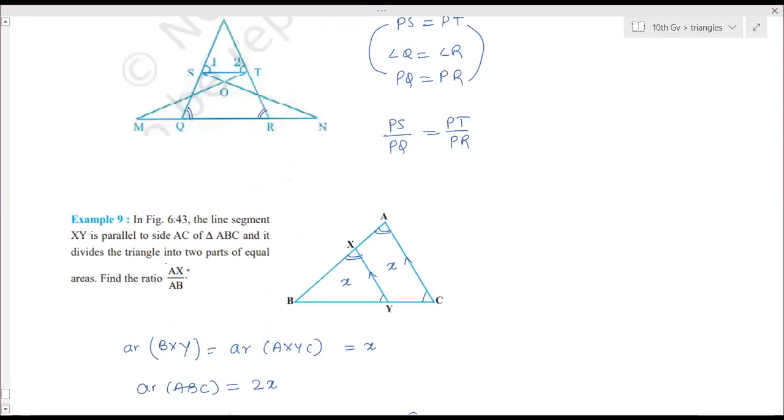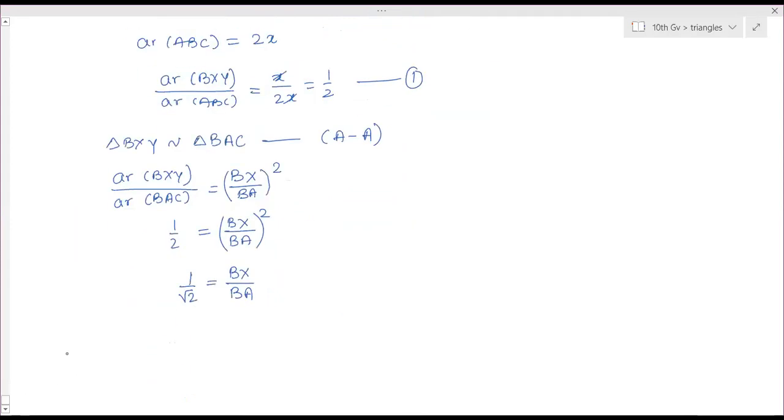But what we need is AX by AB. So instead of BX we need AX, and the full side ratio is needed. For that, consider this ratio. What is the value of BX then? 1 times AB by root 2 we will get. So what is then AX?